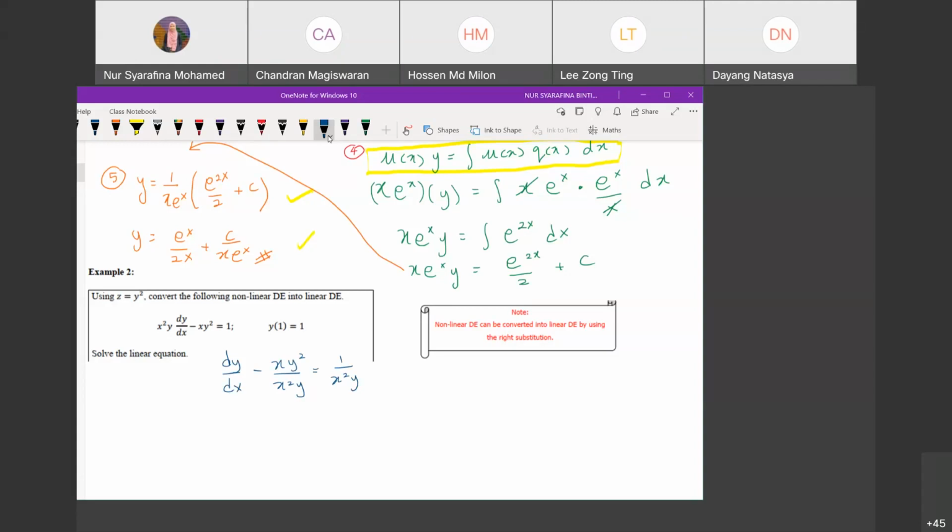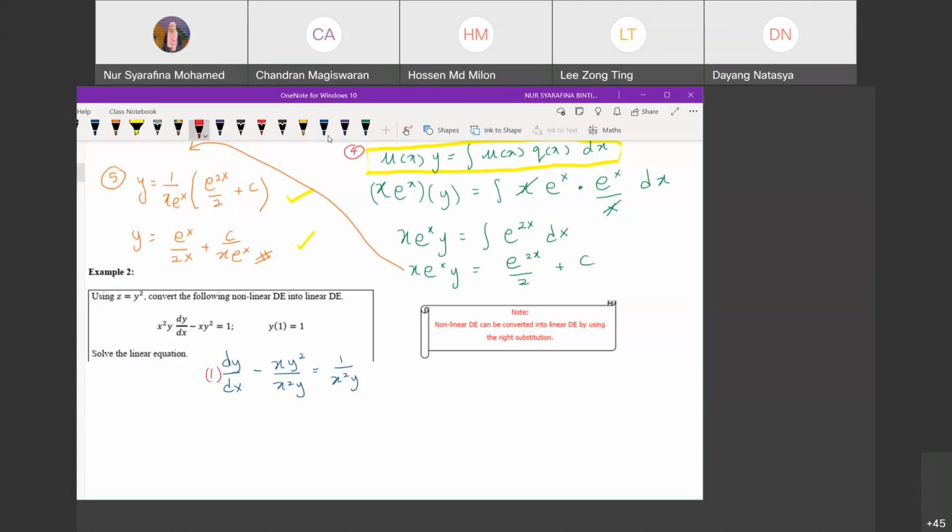Right, if you divide everything here, the coefficient of dy dx here is already 1.